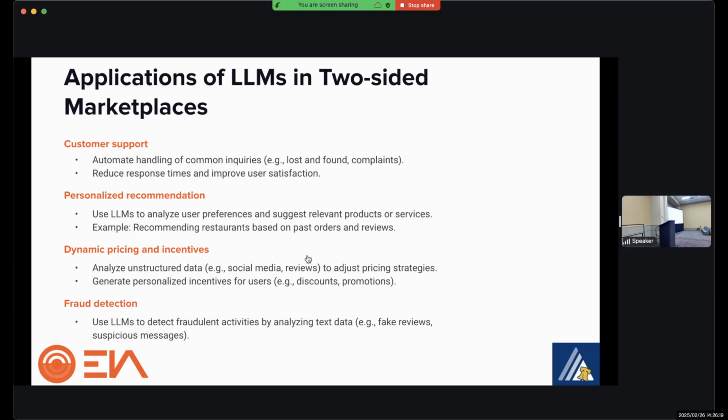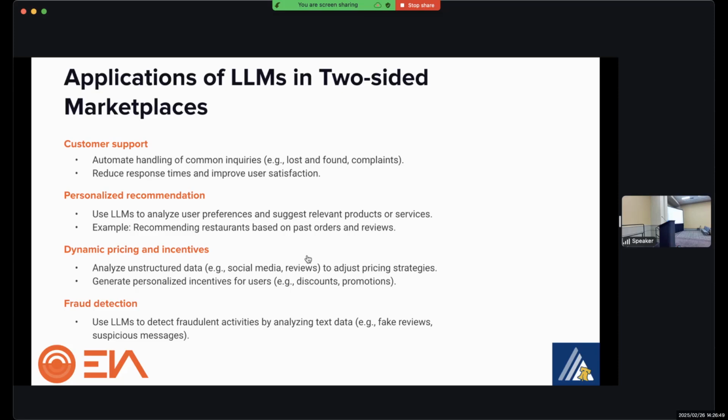The customer support agent can talk to and interact with customers, and also potentially suggest resolutions and follow-up steps to help mitigate and resolve the cases in an automated manner. So they help a lot in reducing response times and definitely improve user satisfaction.